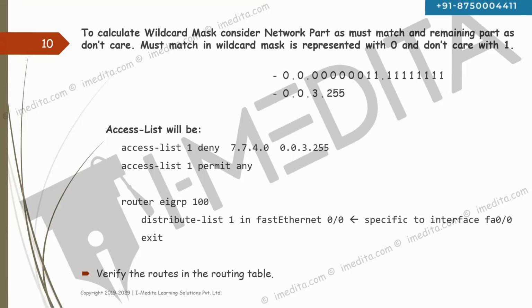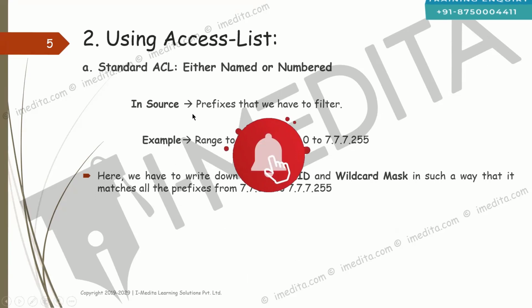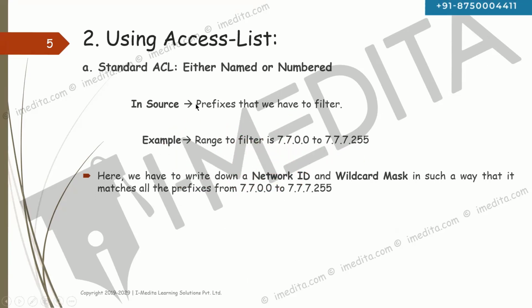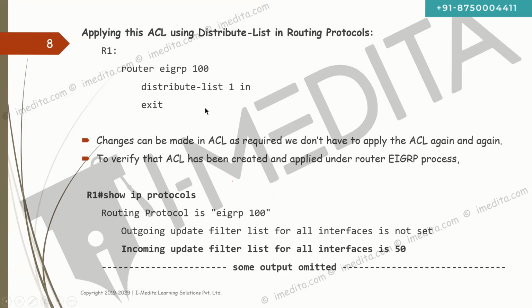In the case of AD, we had the option to either filter or do path manipulation as per the requirement, but in the ACL, that's not the case. It will just filter. Use the standard ACL or the extended ACL, named or numbered, completely your choice.